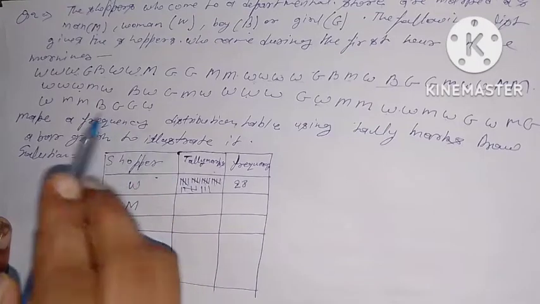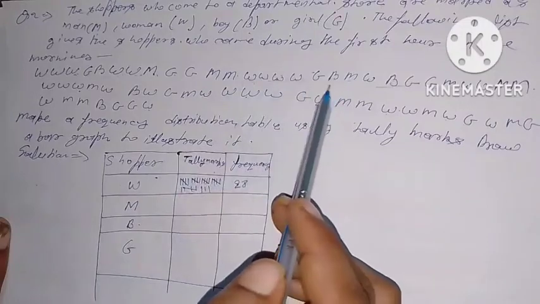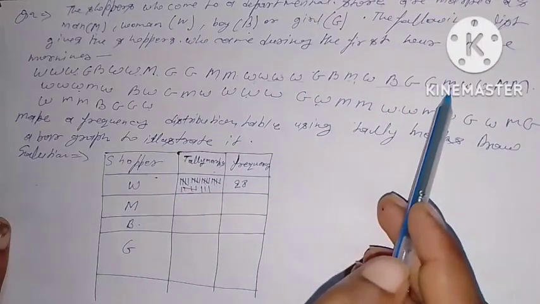Next is man. How many times? Counting 1 to 15. Man is 15 times, so the frequency is 15. The tally marks are 5, 10, 15. Boys: counting 1, 2, 3, 4, 5.